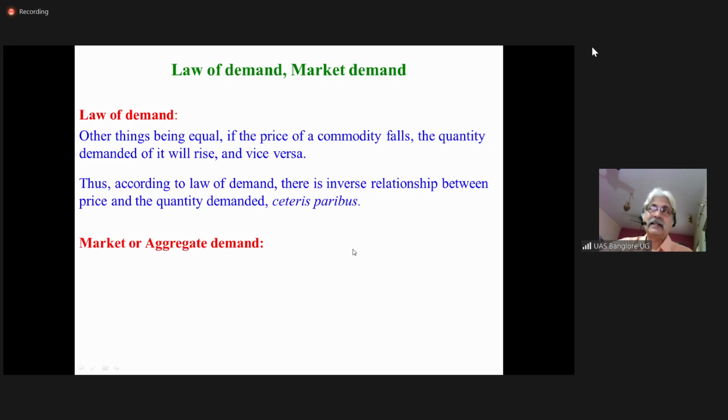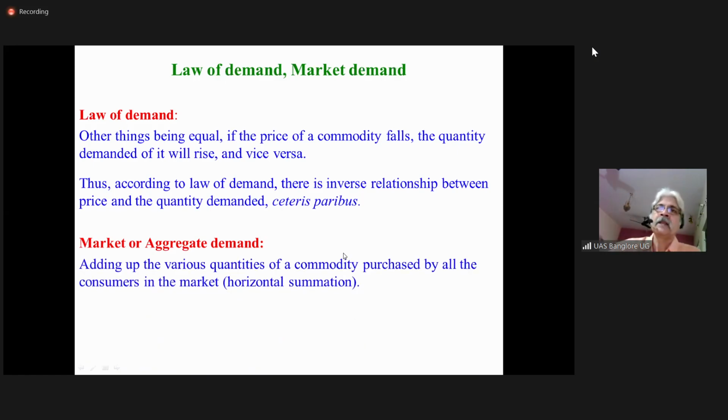So market demand is nothing but summation of individual demands in the market. So adding up the various quantities of a commodity purchased by all the consumers in the market, horizontally you total up the quantities demanded by all the consumers in the market, you get the market demand or the aggregate demand.